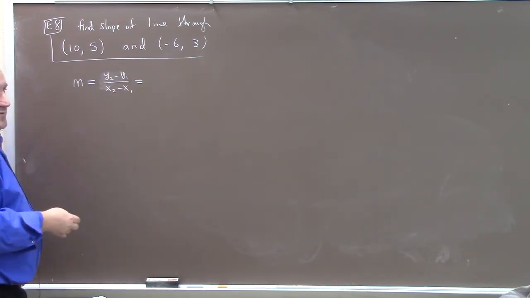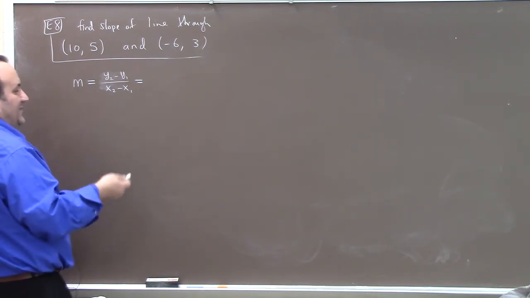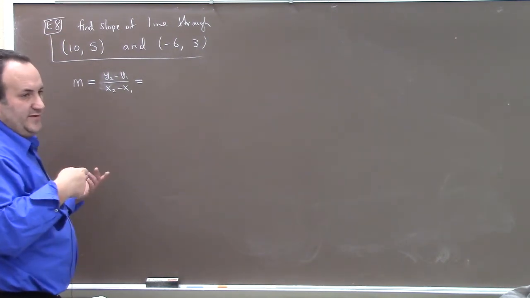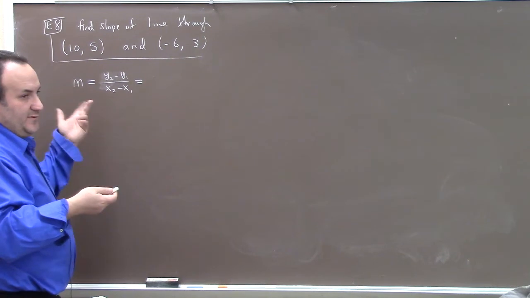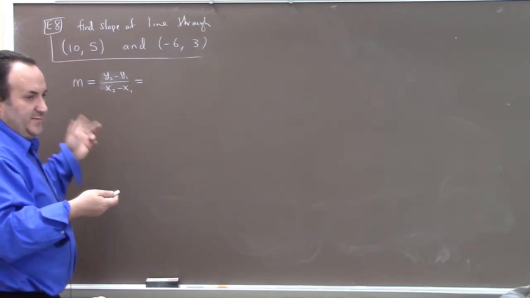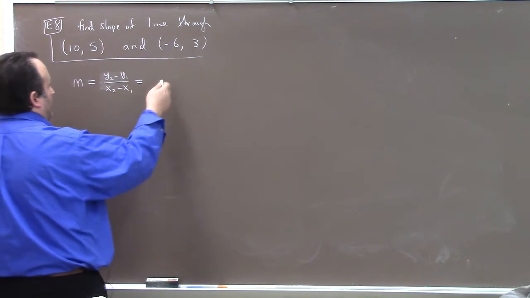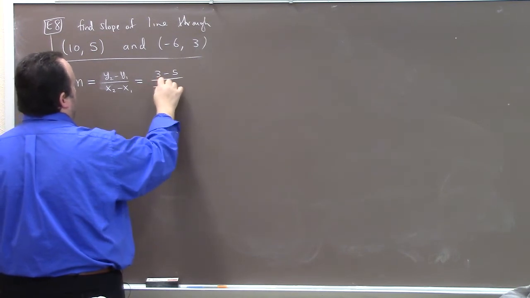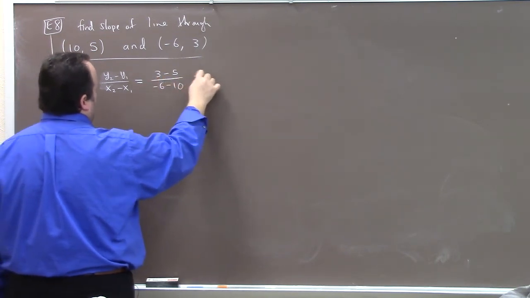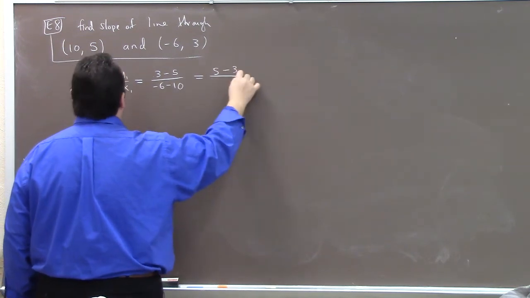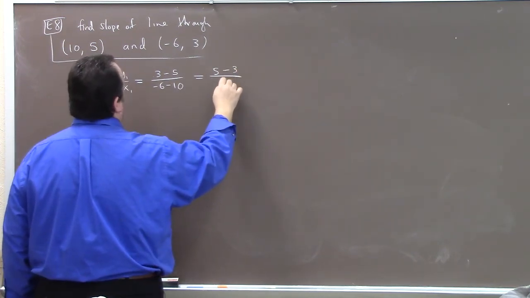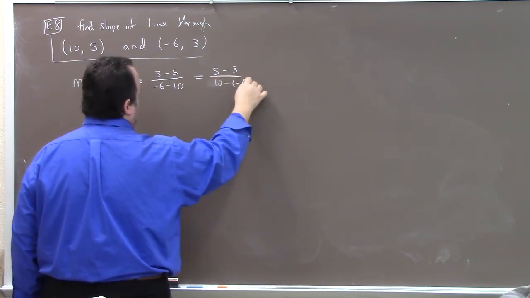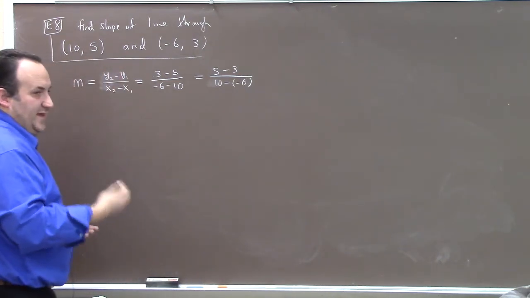And I just got to pick one, which one's the second one and which one's the first one. So, I mean, you can't be wrong, right? What I'm trying to say is, which one's point number 1, which one's point number 2? It doesn't matter, because if you flip the order of them, it just makes the fraction change by minus on the top and the bottom. If you do 3 minus 5 over minus 6 minus 10, or if you do 5 minus 3 over 10 minus a minus 6, either one of these is the same number.